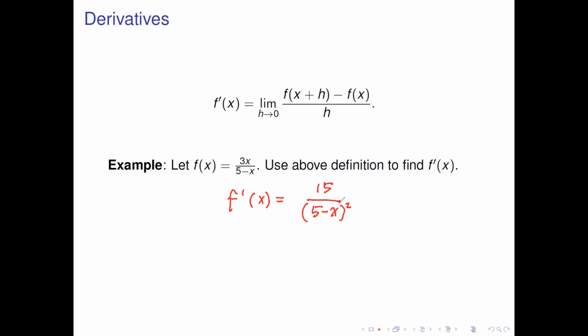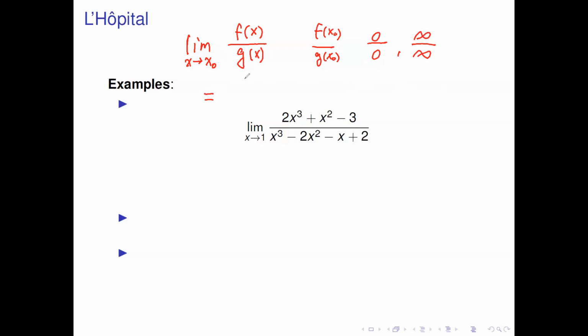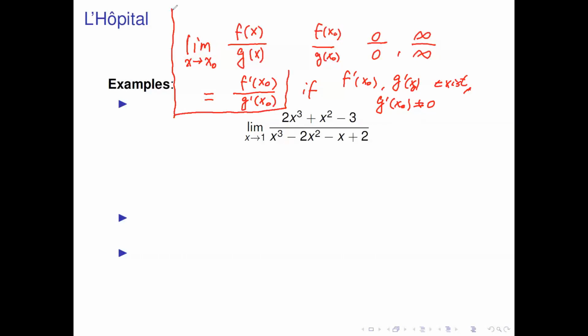L'Hopital's rule says: if f(x0) and g(x0) are 0 over 0, or infinity over infinity, then this limit can be equal to this, so we may use this formula to get the limit.